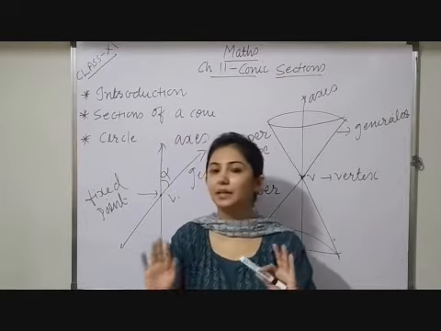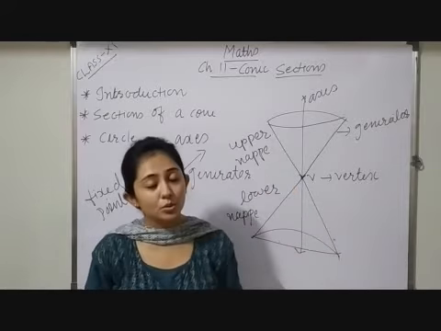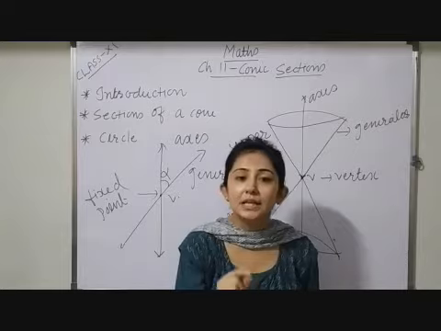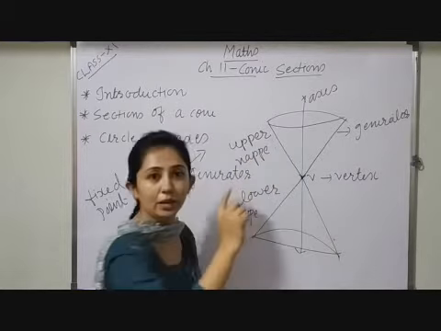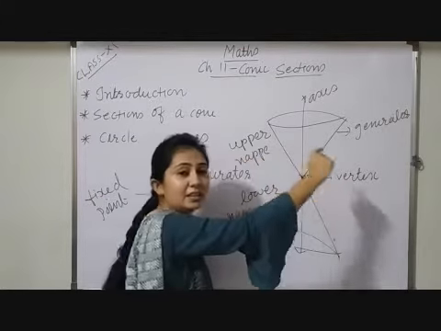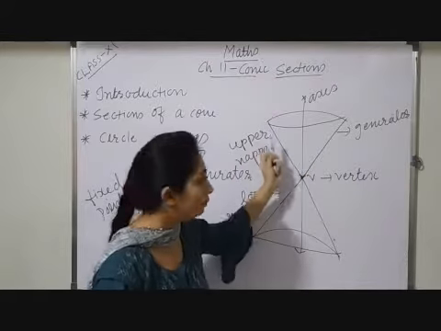What is a plane? That is quite understood by you, you have studied it from 9th standard. So if I have one plane and use it to intersect this cone, obviously we'll cut it at some portion.